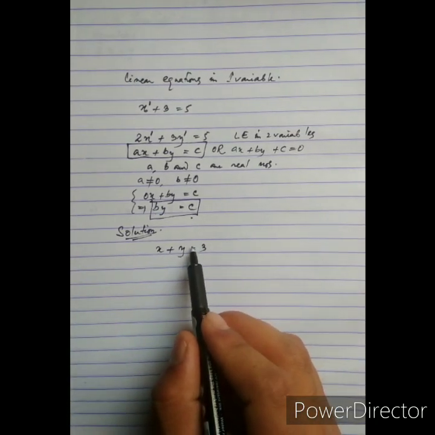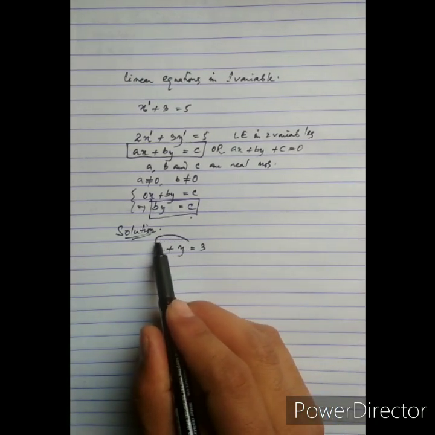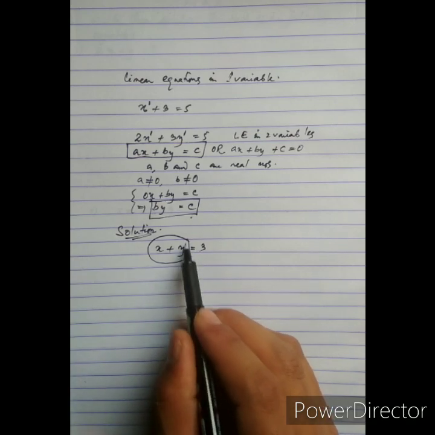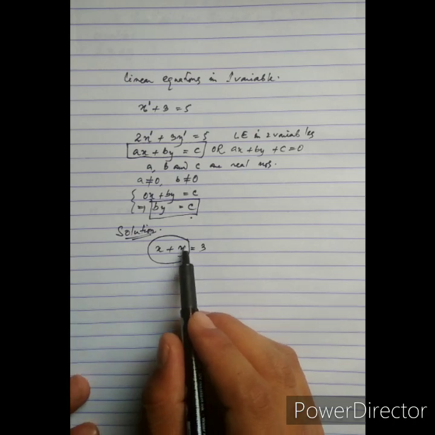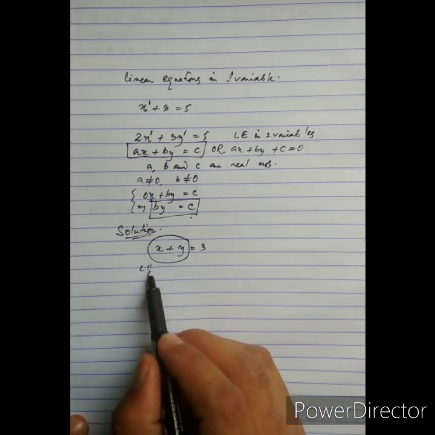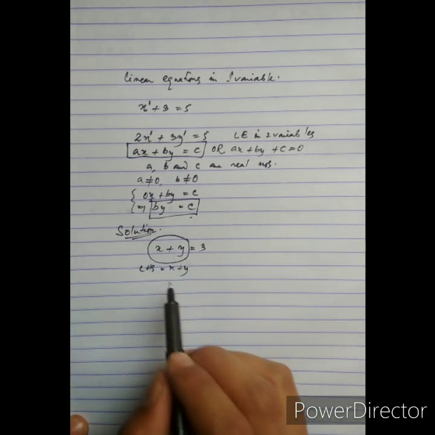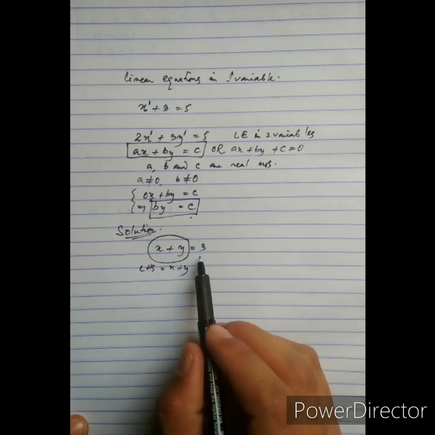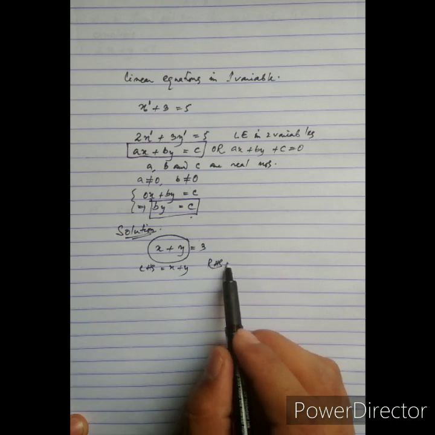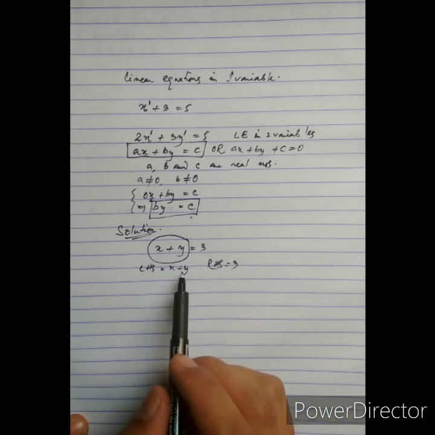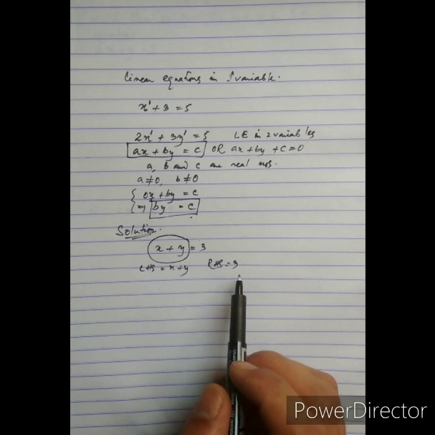Left hand side means the part of the equation that exists to the left of the equality sign. Here the left hand side is x plus y. The part of the equation that exists to the right of the equality sign we call the right hand side. So the left hand side is x plus y and the right hand side is 3.